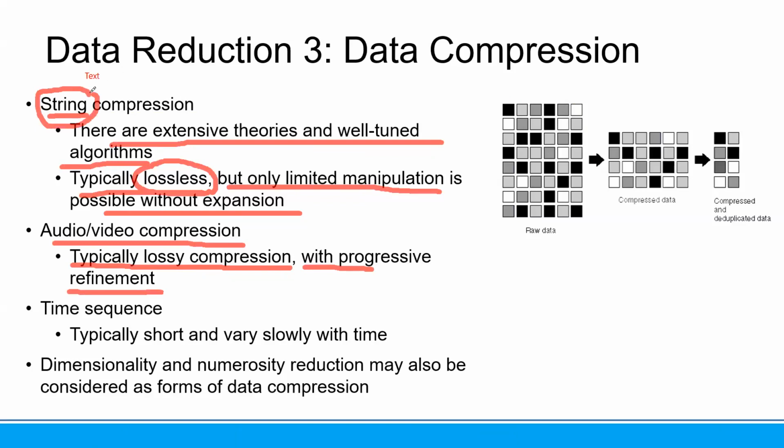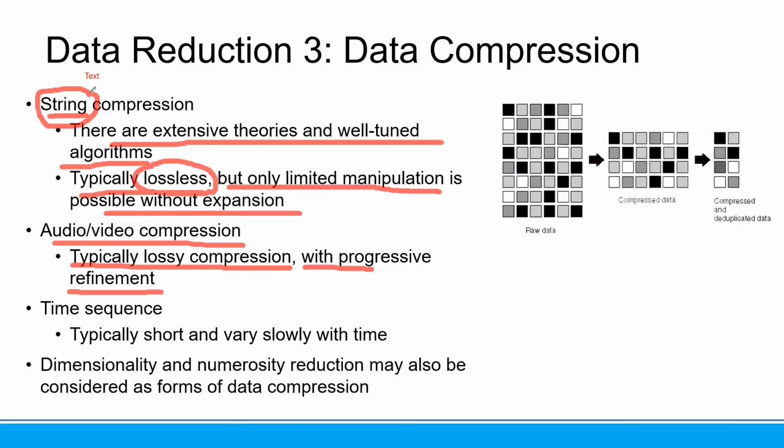Or video compression. You like to watch football? A football match is 90 minutes, 45 minutes in the first half and 45 minutes in the second half. Maybe people do not want to look at the whole match, 90 minutes. They want to see only the highlights.